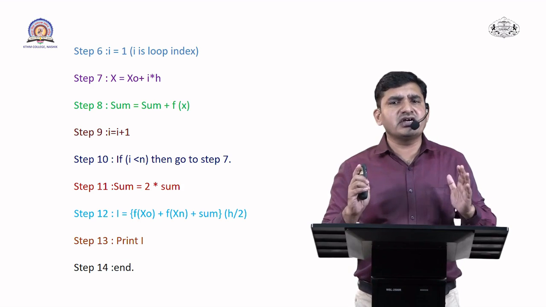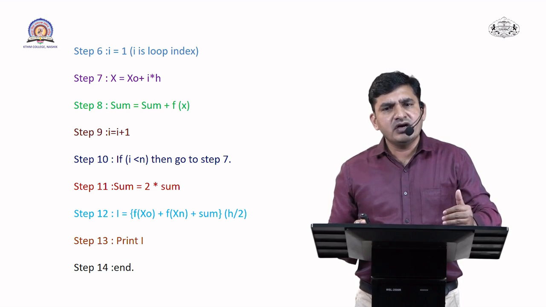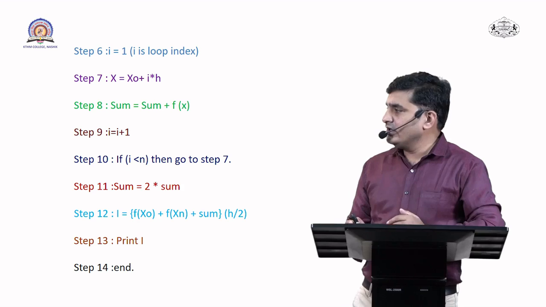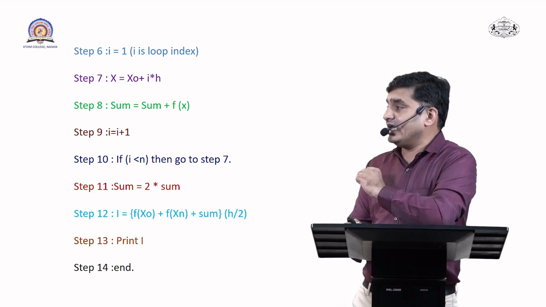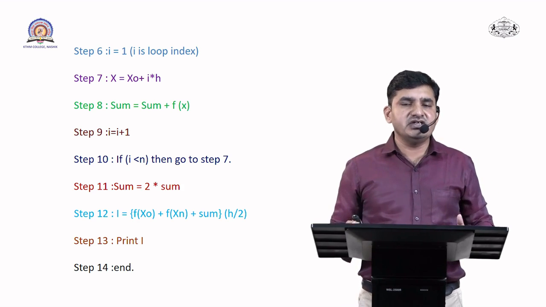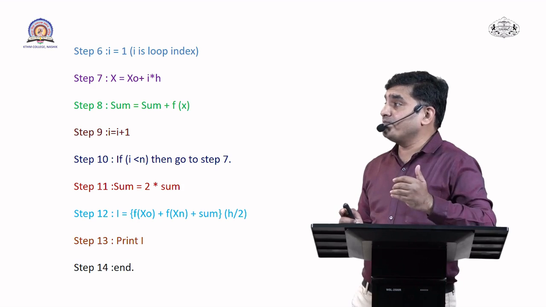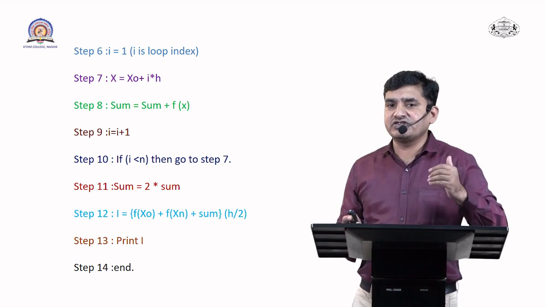Now we have to check the condition: i is incremented by 1 up to i less than n. When i is less than n, this condition is satisfied, then go to step number 7, that is, again repeat the step.